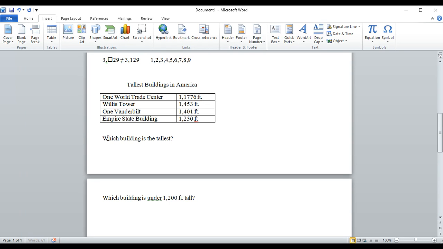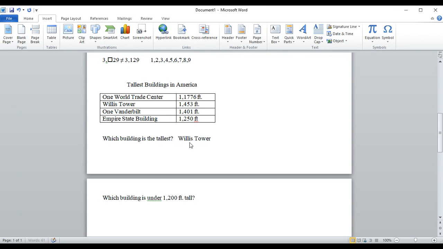It asks you which building is the tallest. So if you look up here, I hope you said it's Willis Tower is the tallest. So when you answer that question, it wants to know which building is tallest. So you need to write down the title of the building, Willis Tower.